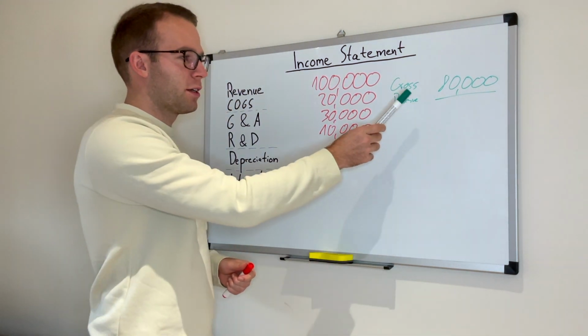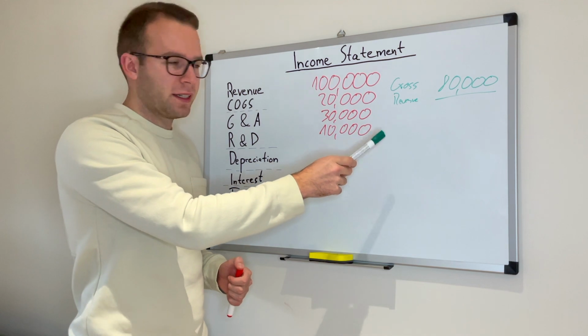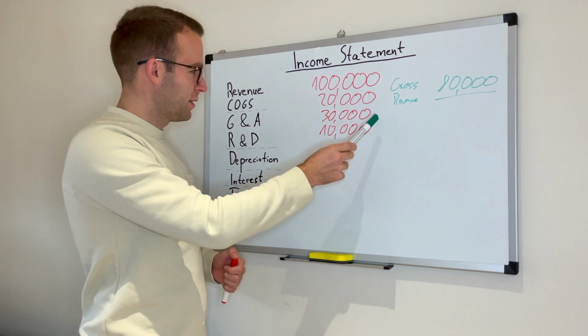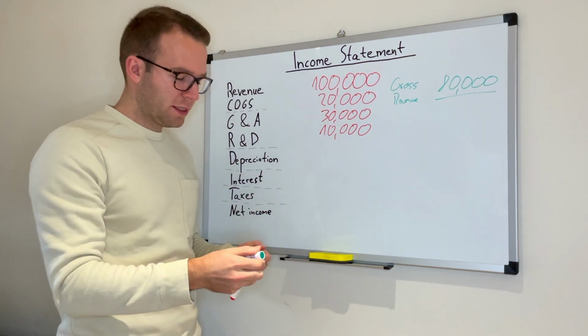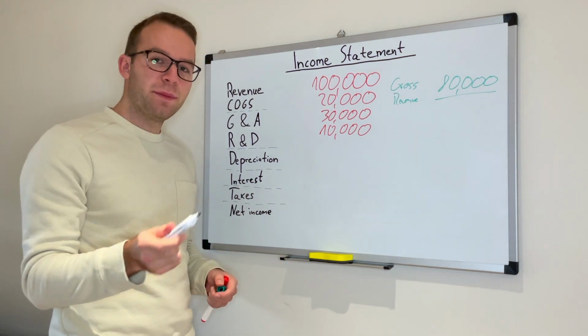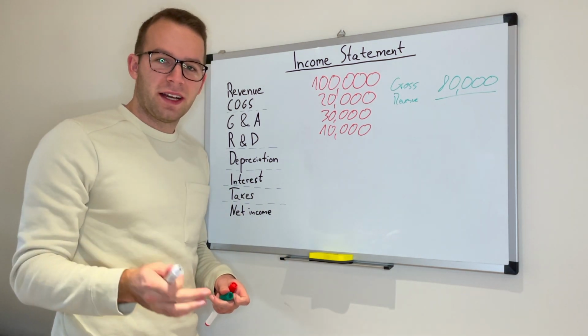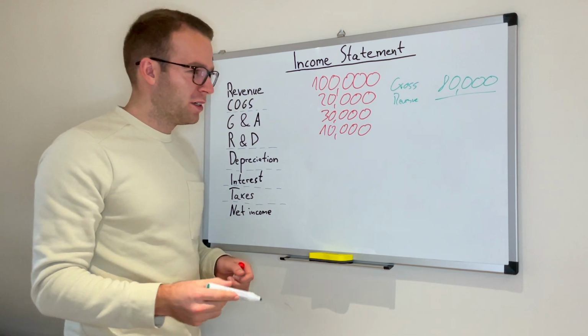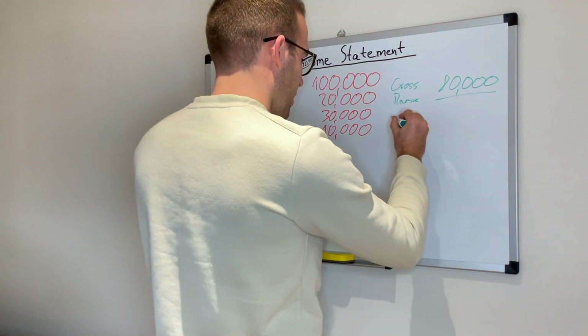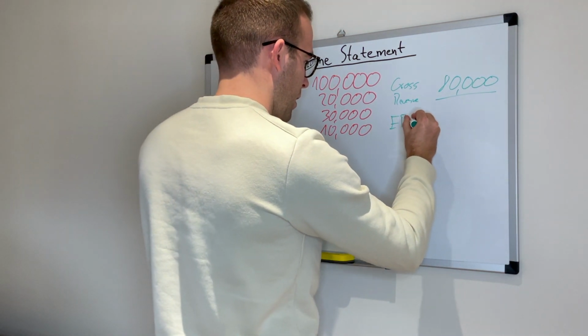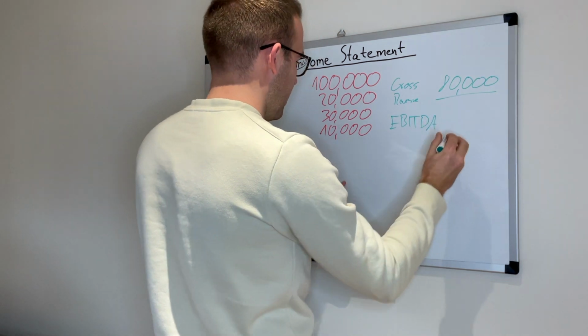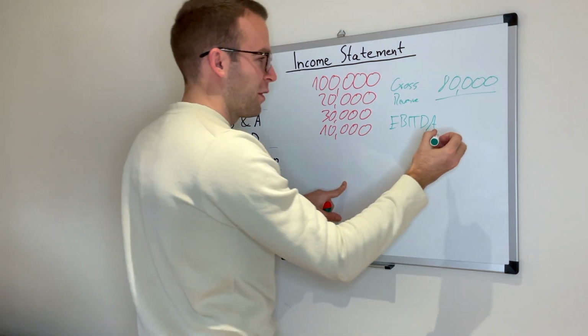So we had a gross profit of 80,000, and now we subtract 30,000 and 10,000, which gives us an EBITDA. That's probably a word that you've heard before. So EBITDA of 40,000.